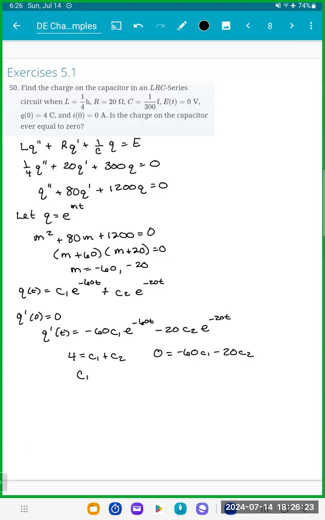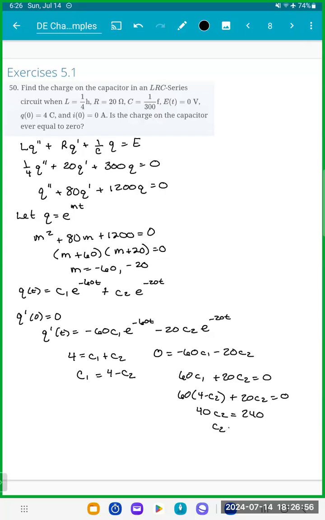So in this case, C1 equals 4 minus C2. And over here, we end up with 60 C1 plus 20 C2 is equal to 0. Plug in what we have here for C1: 60 times 4 minus C2 plus 20 C2 equal to 0. And simplify this, we get 40 C2 equals 240.